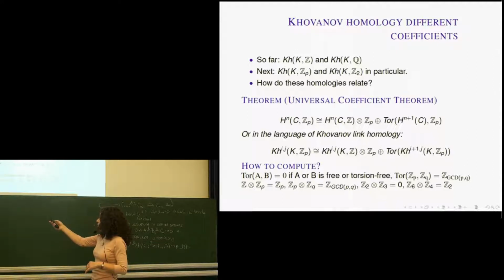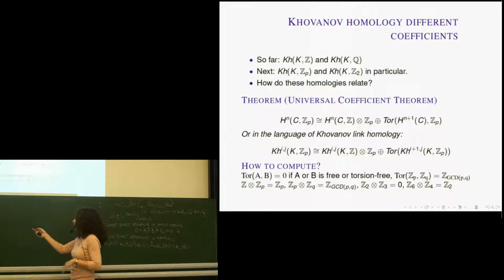With Zp coefficients, that's the same as computing the homology over Z and tensoring with Zp, plus adding the so-called Tor part of the n plus first homology theory over Zp. In the language of Khovanov link homology, and again, I wrote it as a cohomology, which it actually really is, but don't worry about it, that just means that you take the homology over Z, tensor with Zp, or add this Tor part. If you don't know what the Tor part is or how to tensor things, don't worry.